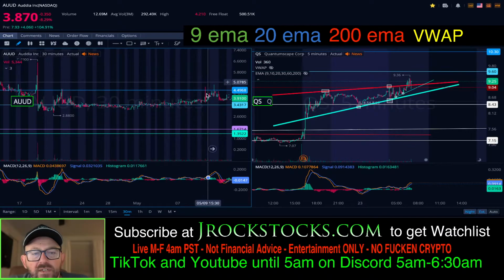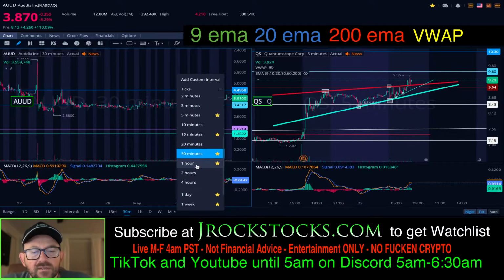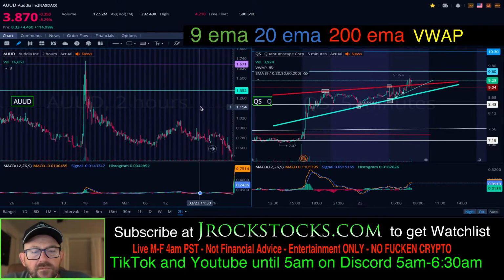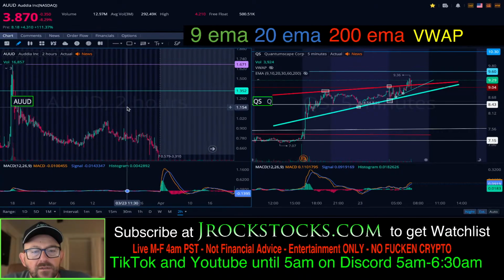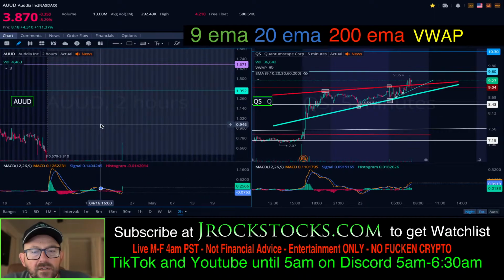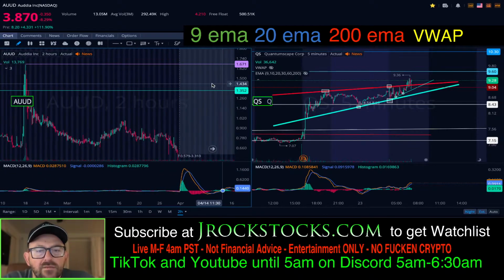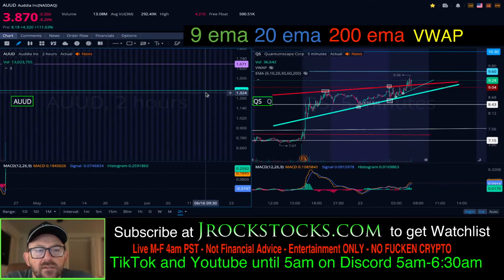So I've been charting the shit out of stuff. AUUD, I was just starting to get into that one with trend lines and stuff, but it's doing pretty good. There's a gap up there on AUUD.